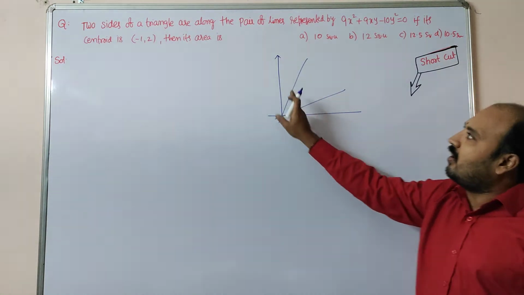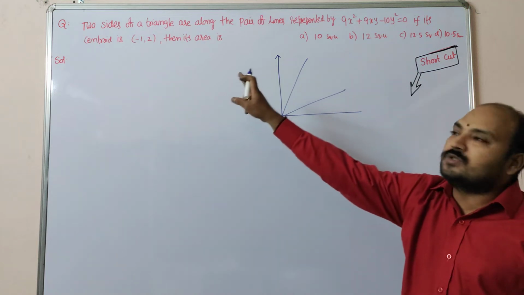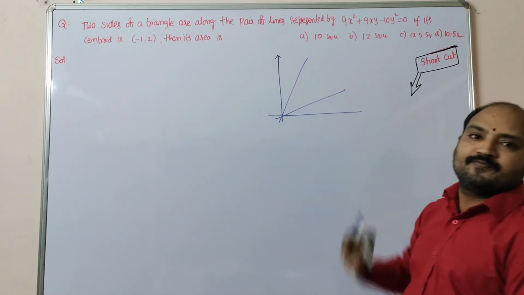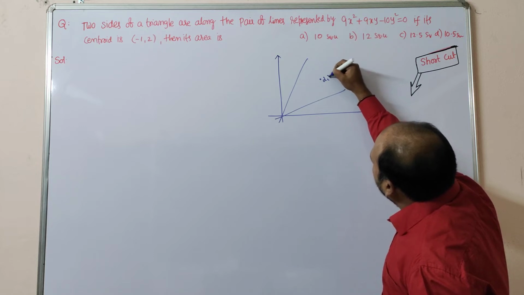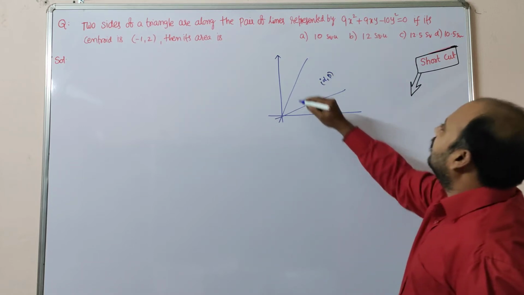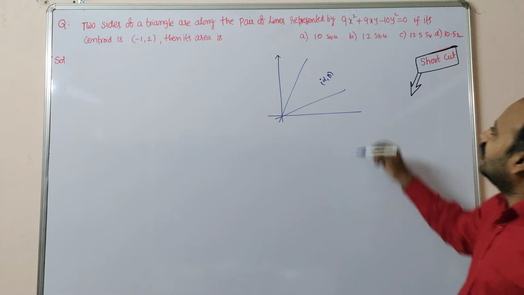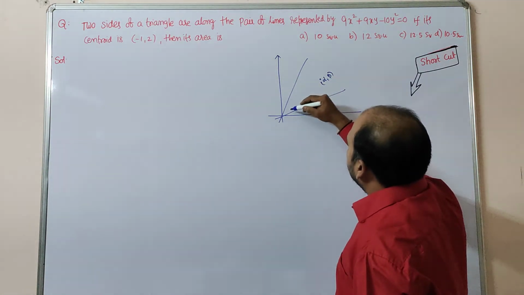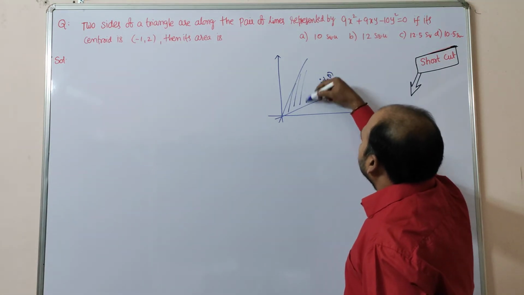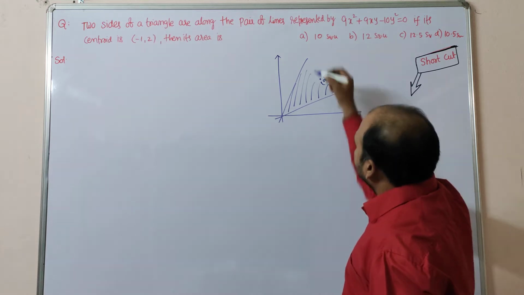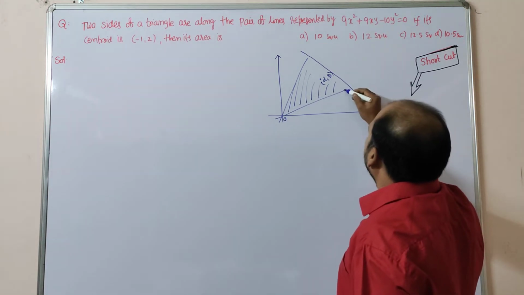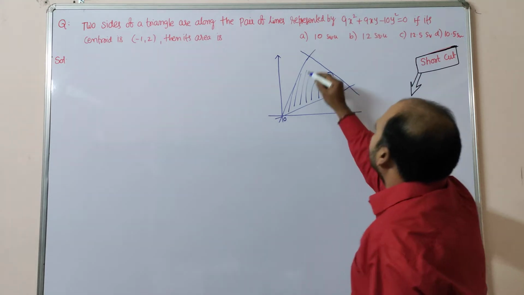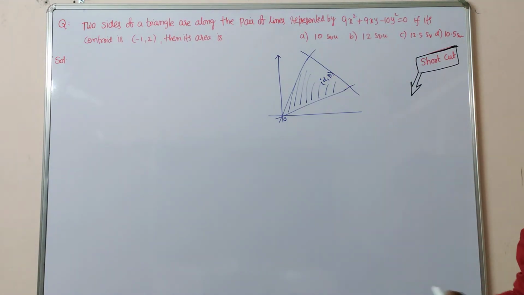These two lines are the two sides of the triangle and the centroid will be somewhere here, alpha comma beta. Then this area of the triangle they are asking. The third side will be somewhere, and this area, how to calculate?